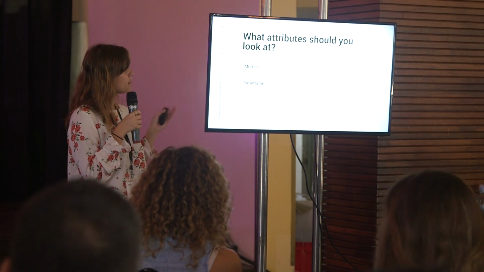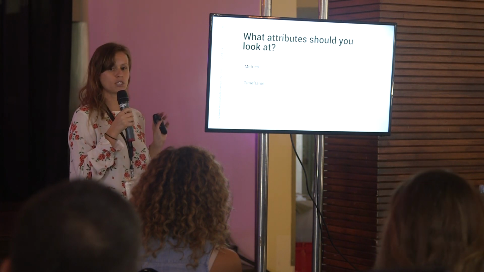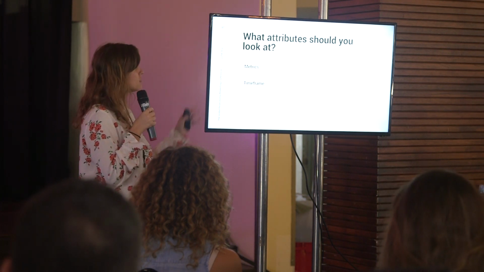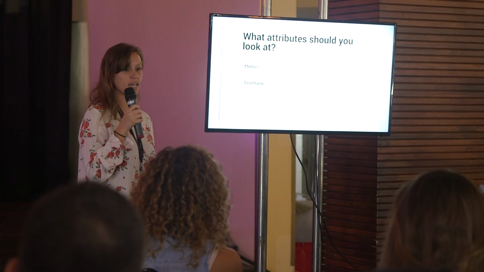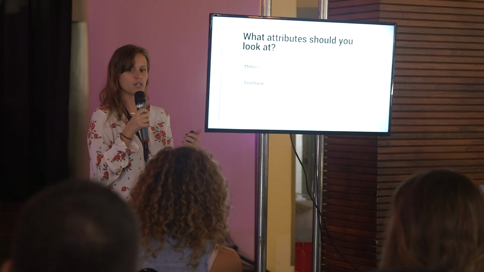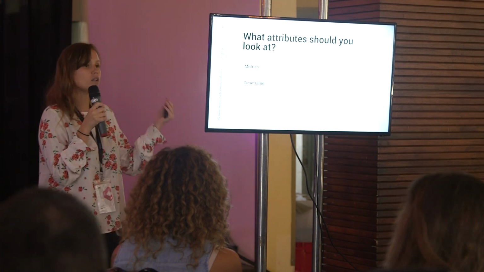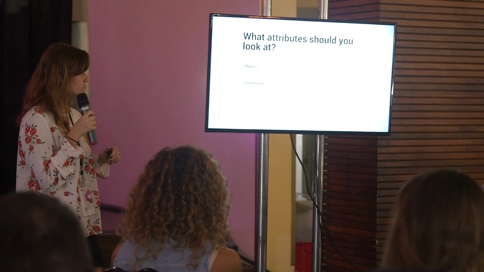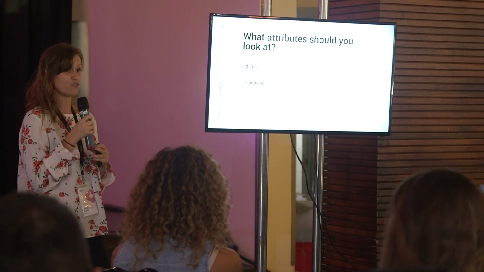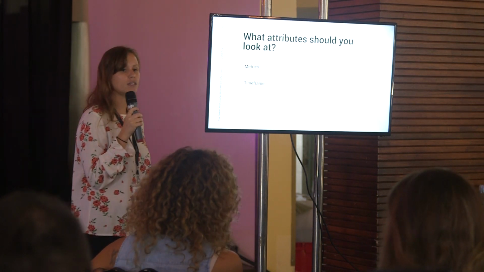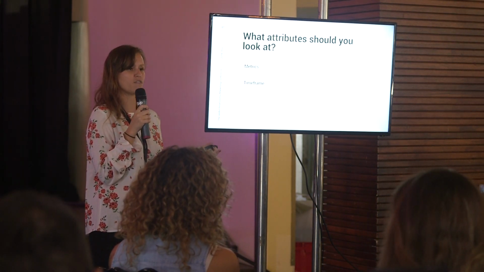Now, when thinking about this question, there are 2 main points to take into consideration. So the first point is the metric itself. We have monetary metrics, we have frequency metrics, we have all sorts of metrics that define the volume of a customer's activity. And the second point is the time frame. So obviously, the default time frame to use is the lifetime value, right?